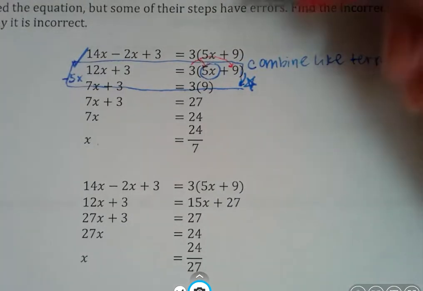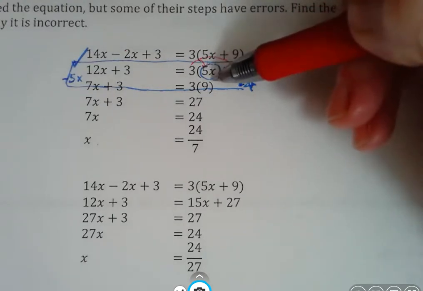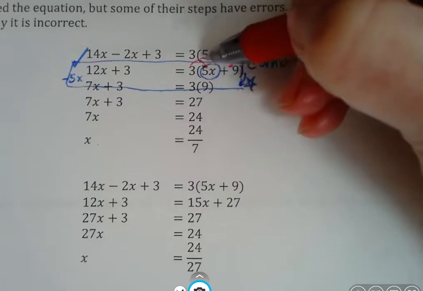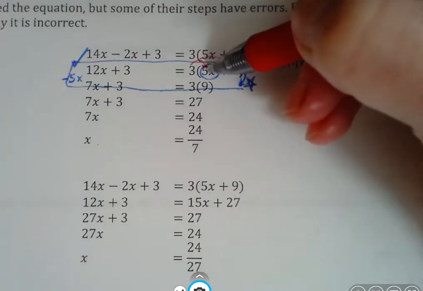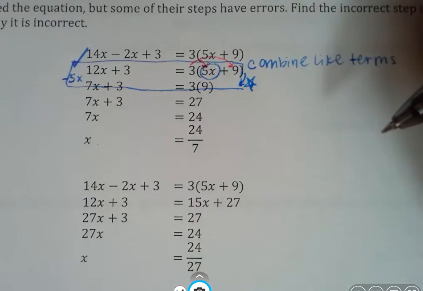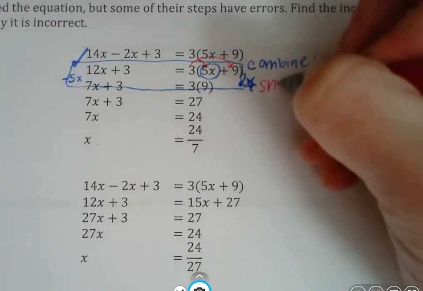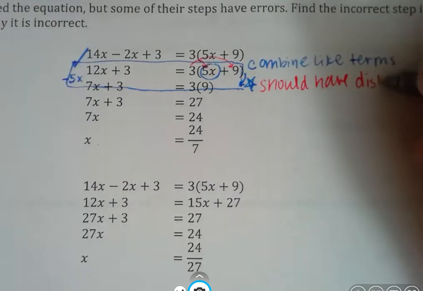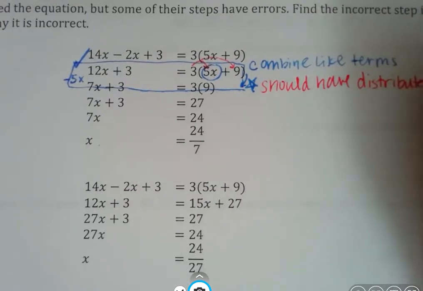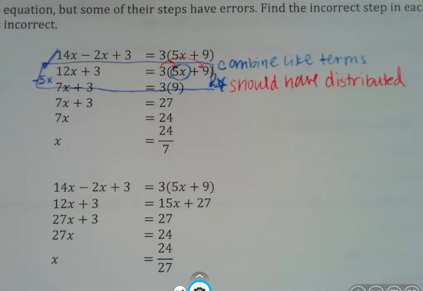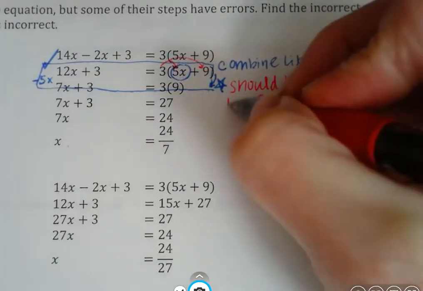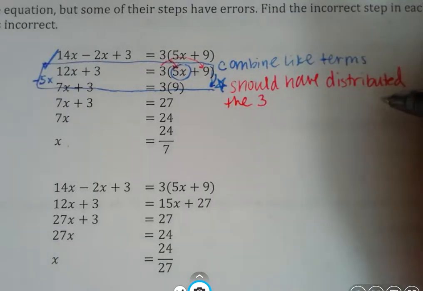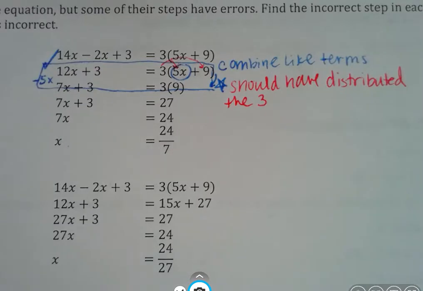So when she just eliminated this 5x, she was wrong, because when I distribute, it's actually supposed to be 15x. So she should have distributed the 3. That is not 5x she's removing.